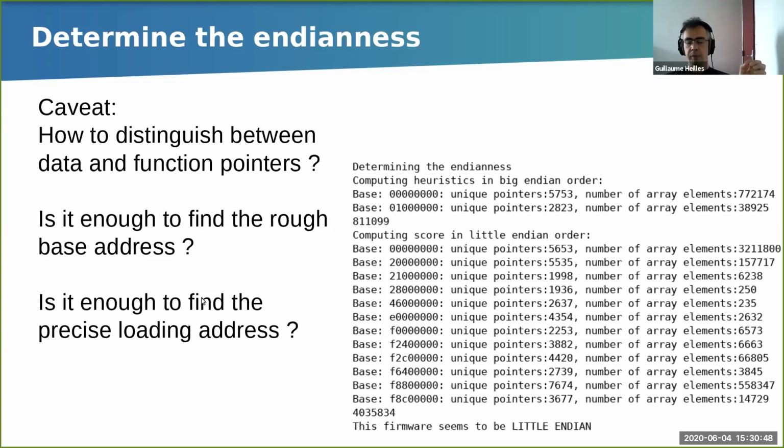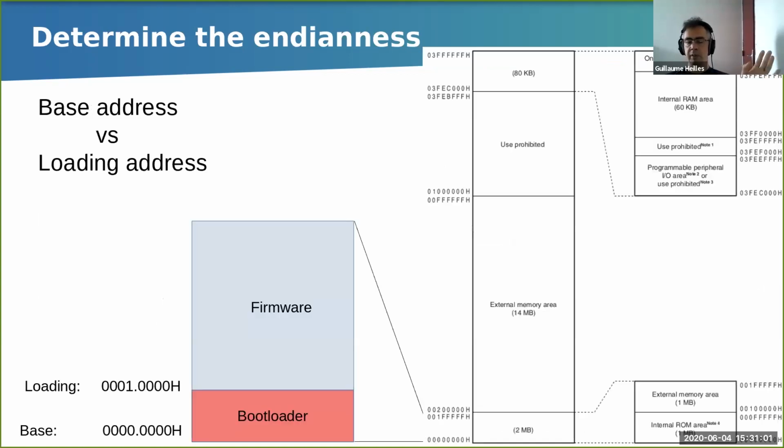But is it enough also to find the precise loading address? No, it's not, because doing that is just raw statistics. You basically know where your code is located, but you don't know much. What's the difference between a base address and a loading address? The difference is that if you get the firmware here, maybe there is something else just before.